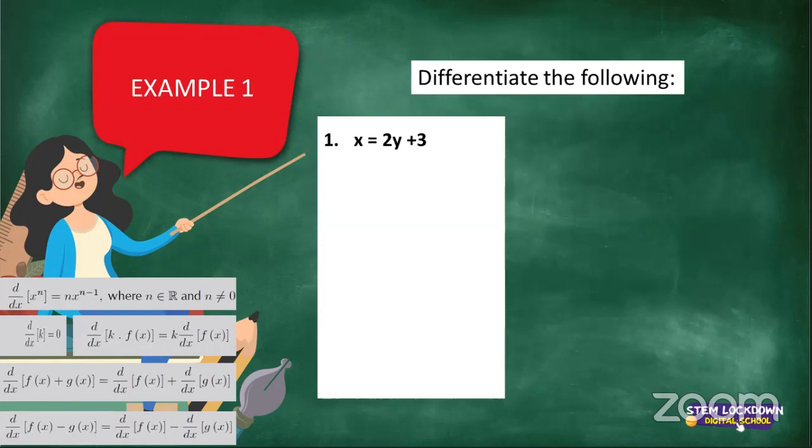So let's say you're given something like this and you differentiate with regards to y. Like I said, we always simplify. Say you have x equals 2y plus 3.